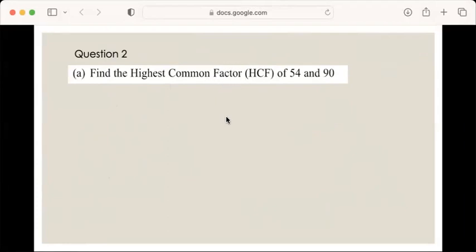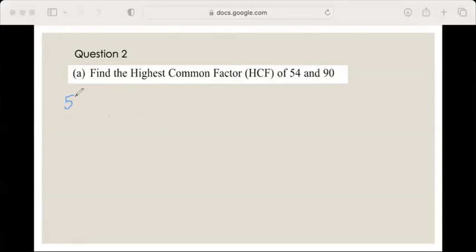Factors are the numbers by multiplying which we make another number. So for example, factors of 54 are those numbers by multiplying which we arrive at 54. And factors of 90 are also the same. Now, first I'll explain one of the most basic methods, that is listing down all the factors.